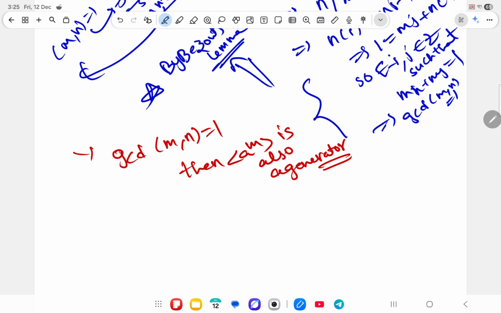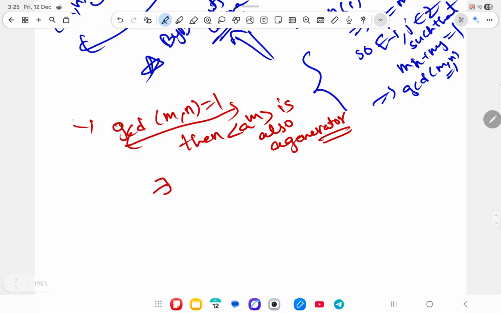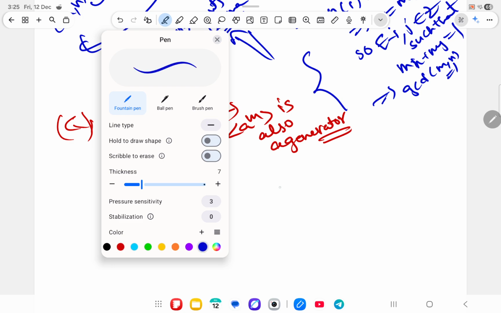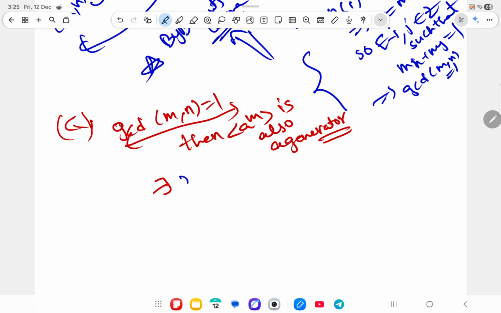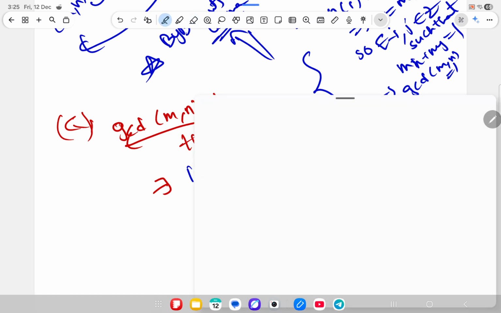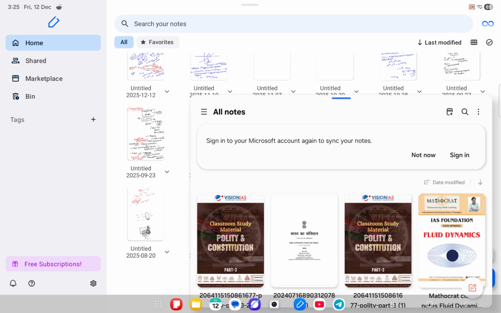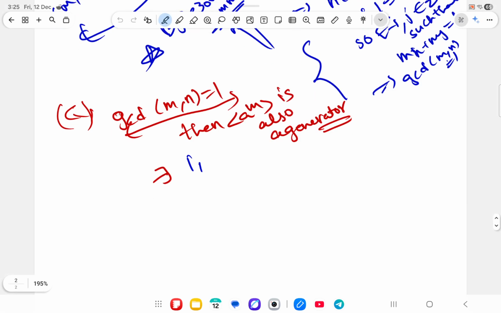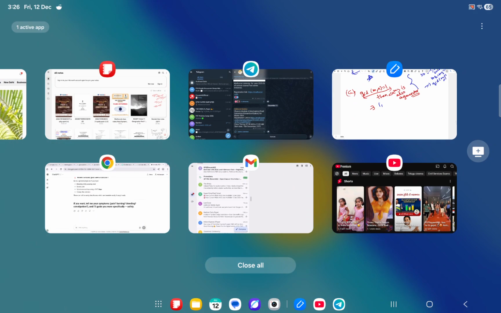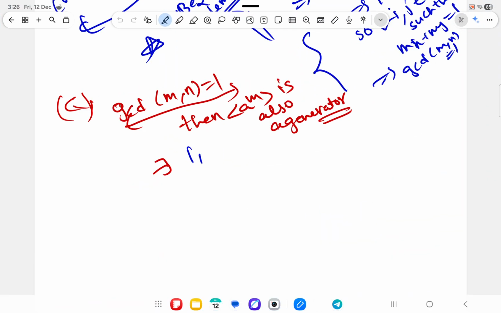See, if GCD of m comma n is 1, then there exist i comma j such that mi plus nj is equal to 1, right?